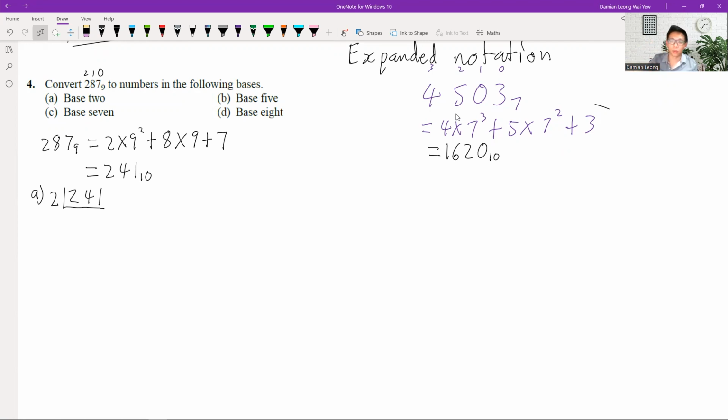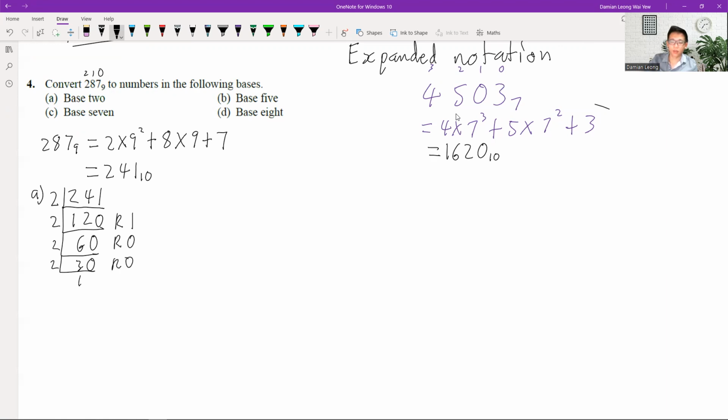Note down what remainder it is. So 241 divided by 2 is 120 with a remainder of 1. Then I divide again by 2, that is 60, with no remainder. Divide by 2 again, 30, no remainder.